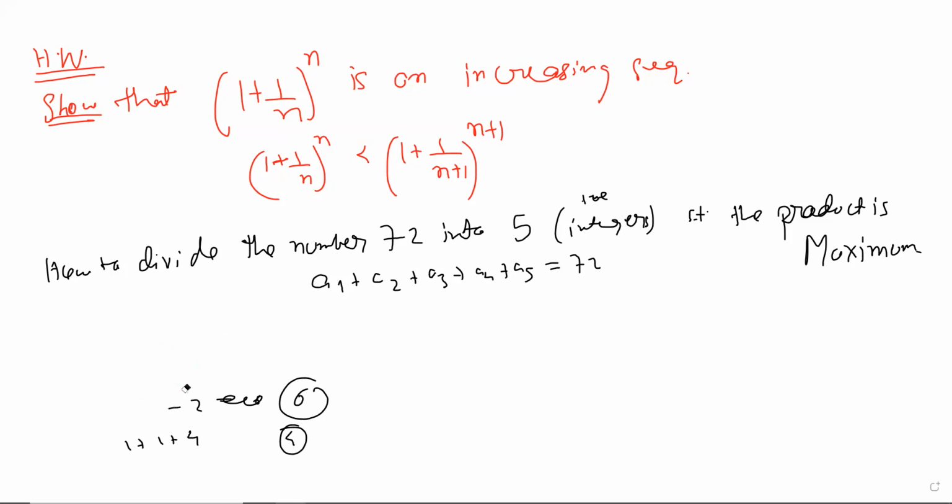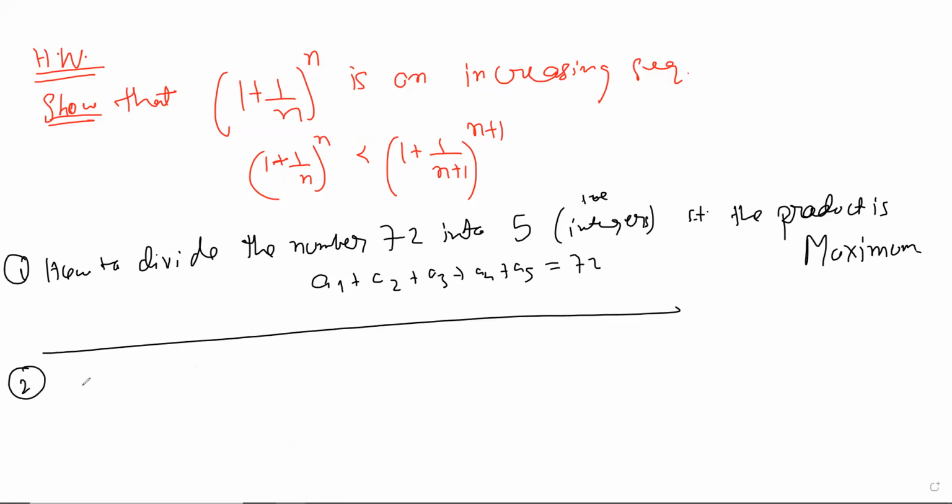Okay, this is another question that you should try. And now one more question. Given some numbers here, let's say, any numbers, exact numbers don't matter, 5 numbers here. And then you have another set.